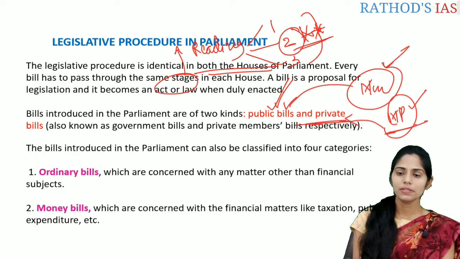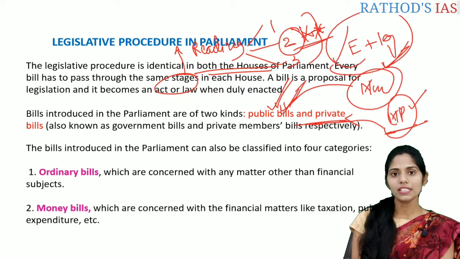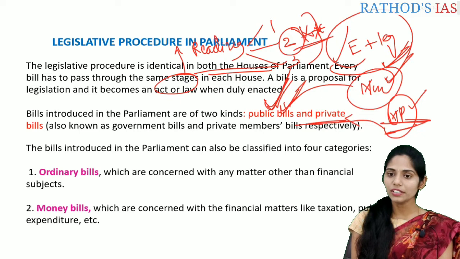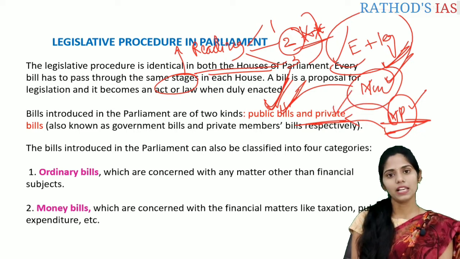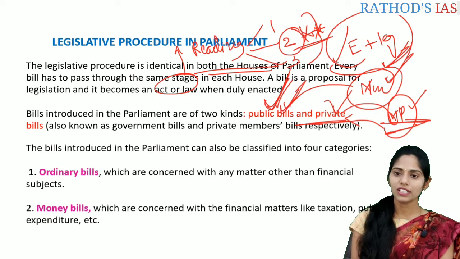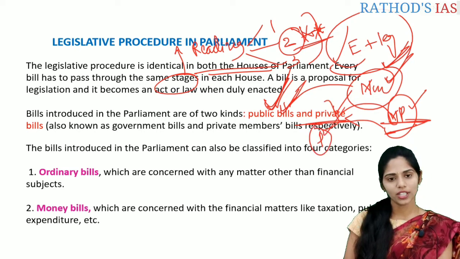The minister is part of both the executive and the legislative. So public bills have much power, or the minister has much more power regarding this bill compared to the MP, that is a private member who introduced this private bill in the house. So there are 2 important bills and this is very important regarding the prelims. Okay.